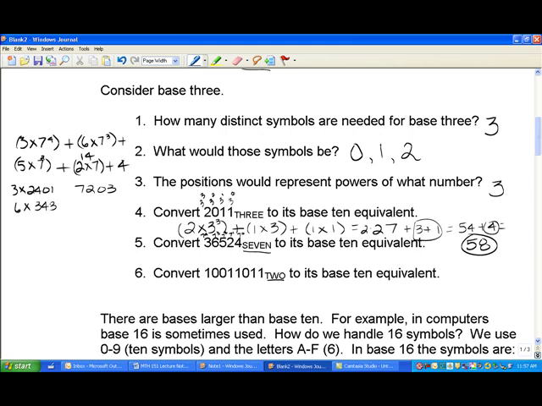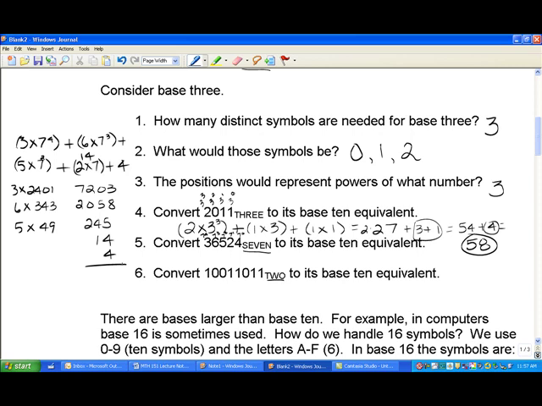So 6 times that is 2058. Alright, 5 times 49. That's 245. Okay, and I had the 14 and the 4.